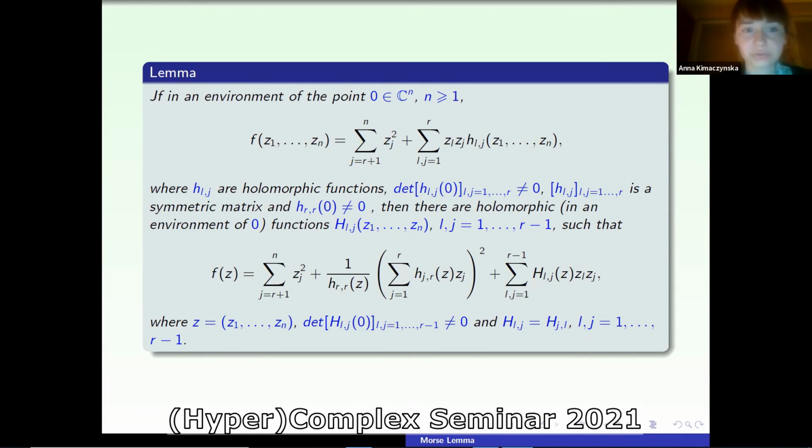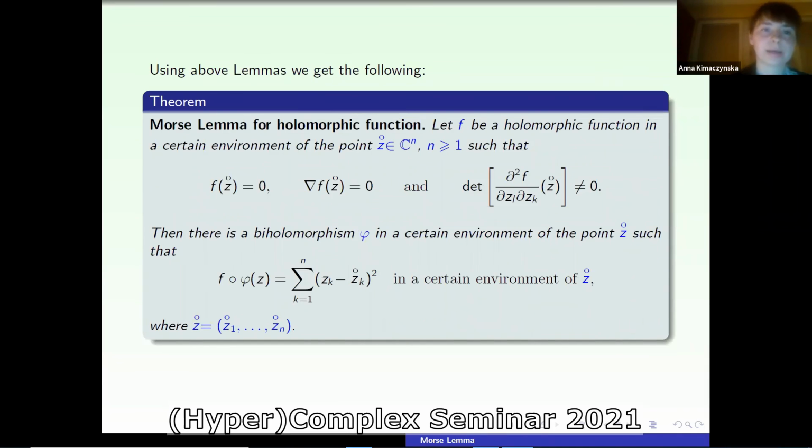Then there are holomorphic functions in an environment of 0, H_lj for l, j from 1 to r-1, such that the following equation holds, where the determinant of H_lj of 0 is not equal 0, and H_lj is equal H_jl for l, j from 1 to r-1.